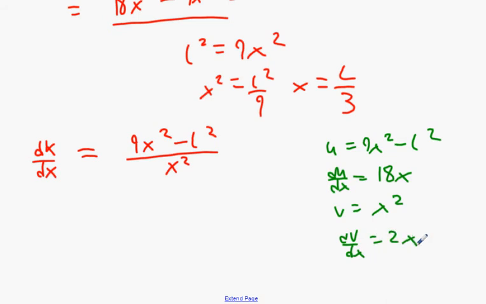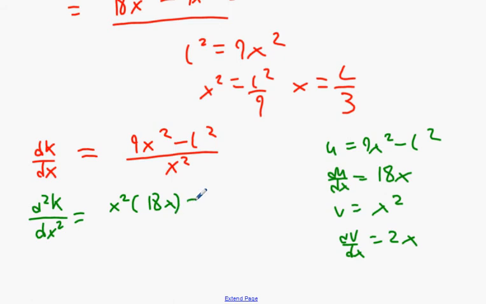So d2k dx squared ends up to be v times du dx, so x squared times 18x, minus u times dv dx.